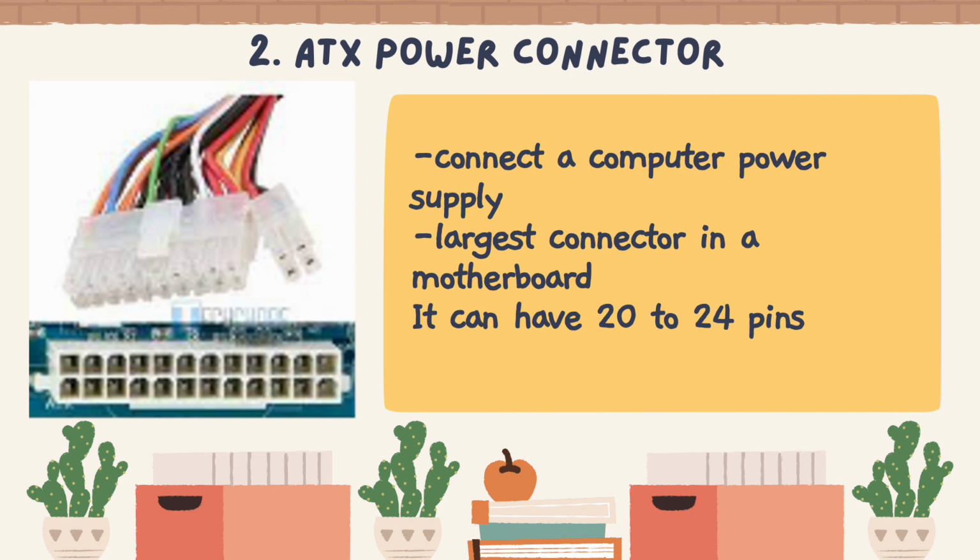So, for example, the ATX power connector is the connector from the power supply. So if the power supply breaks, our motherboard is automatically affected. So our motherboard will lose electricity and all the peripherals will be affected.